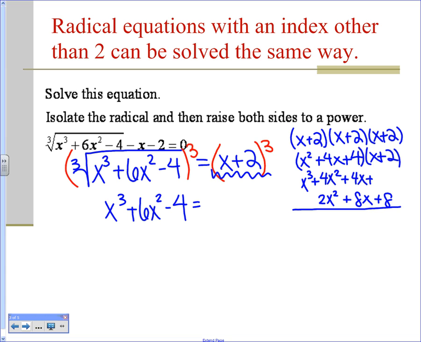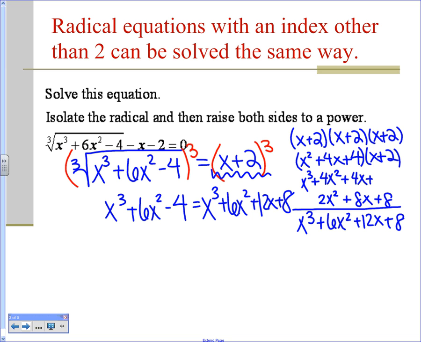I'm going to run out of room. Okay, I got it. Did you get that when you distributed? Do y'all see how that works? Okay, so equals x cubed plus 6x squared plus 12x plus 8.